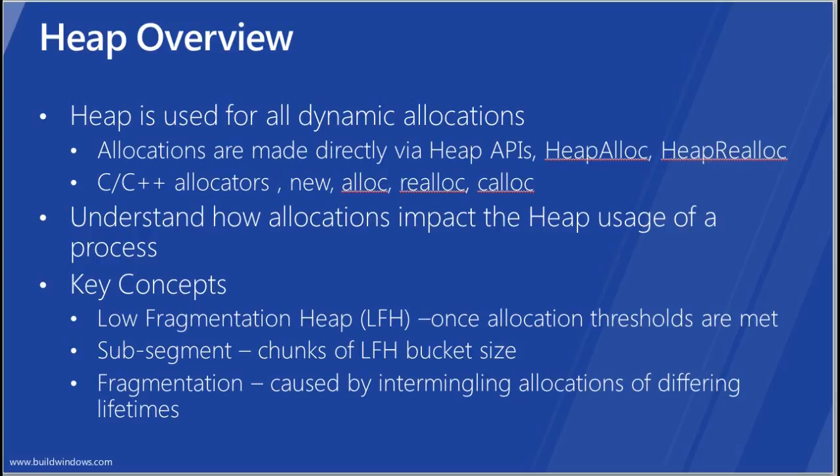If I allocate enough transient things that live long enough that I place my long-lived allocations in a number of subsegments, you can see how this can impact the memory usage of the process in significant ways. So lifetime is a very important concept to keep in mind.